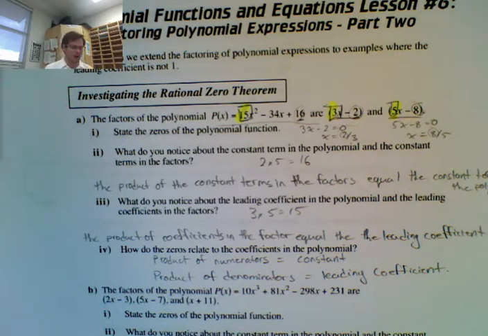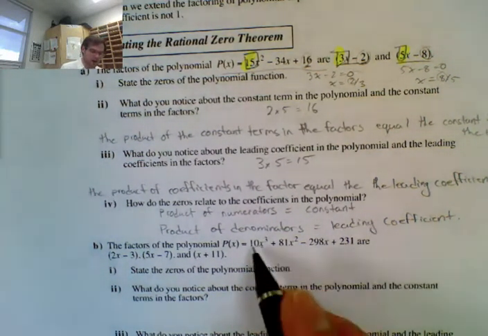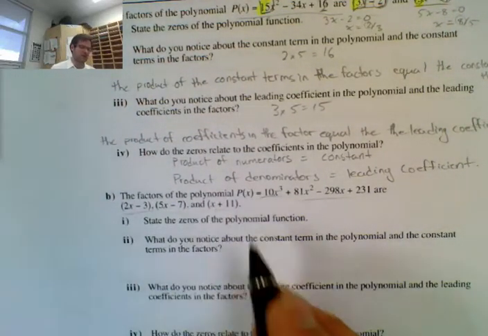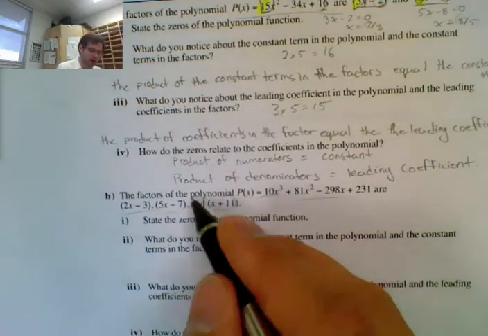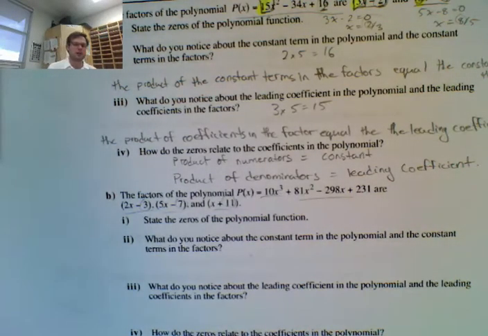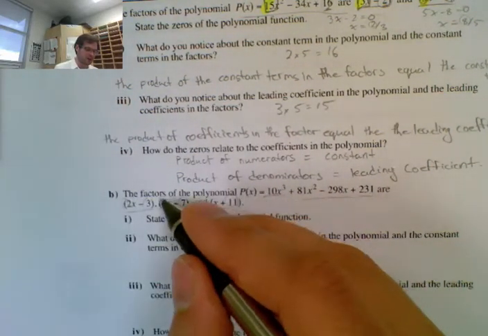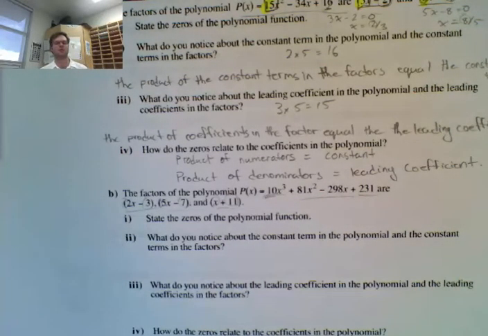Okay. Now, part B is pretty much the same thing, except we have a cubic function and it's given the factors. If we do this investigation, you're going to find the same thing: if we multiply our constants together, it's going to give us 231, and if we multiply our coefficients together, they will equal the leading coefficient.